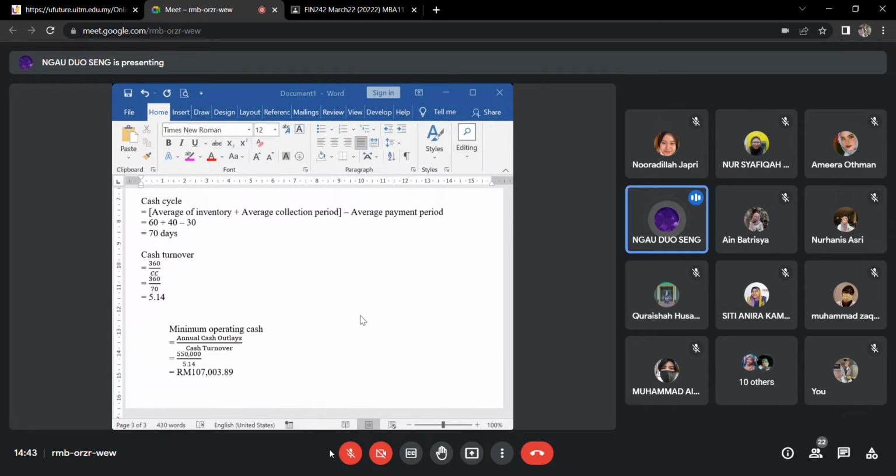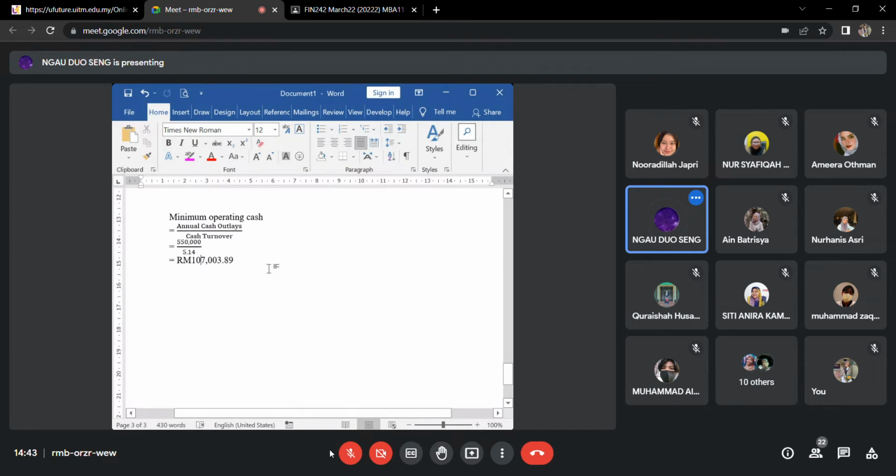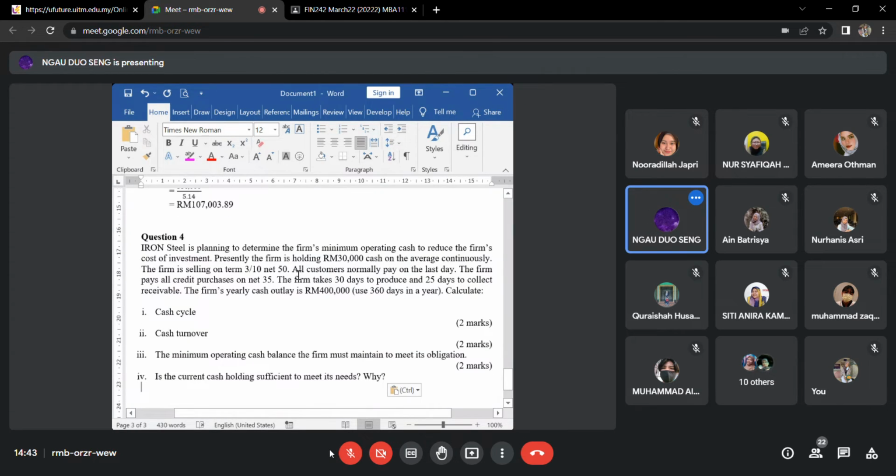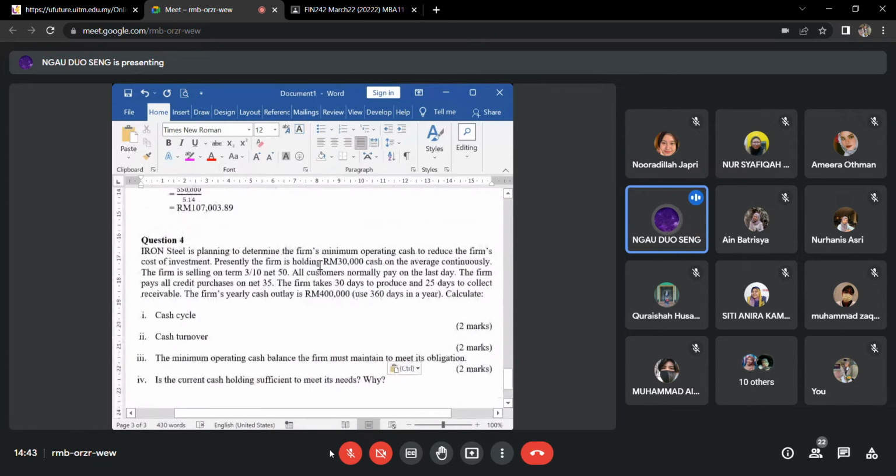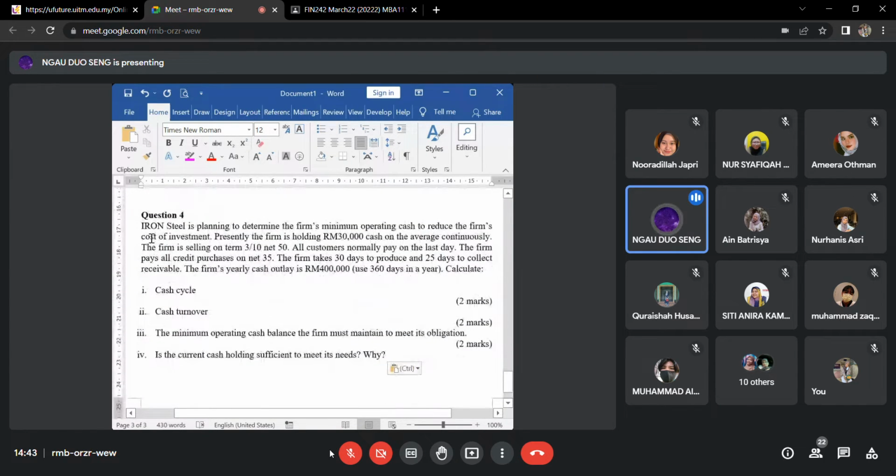Okay, so now we go to the last question. Okay, last question, we have question 4. So Iron Steel is planning to determine the firm minimum operating cash to reduce the firm cost of investment.